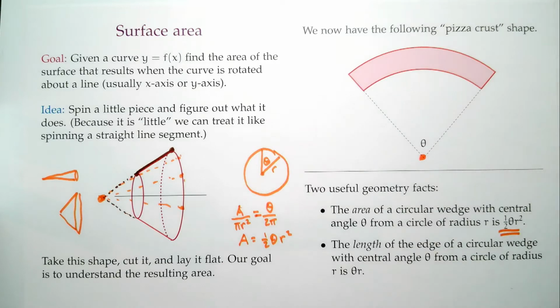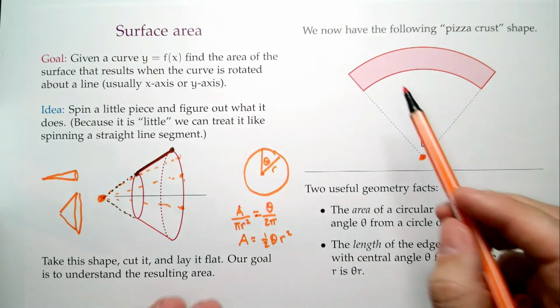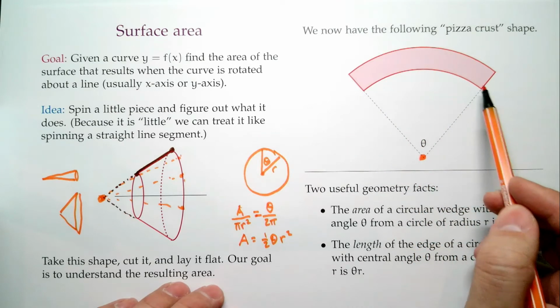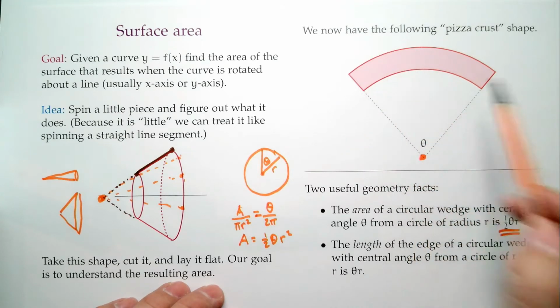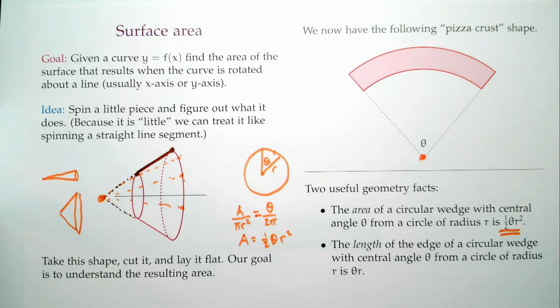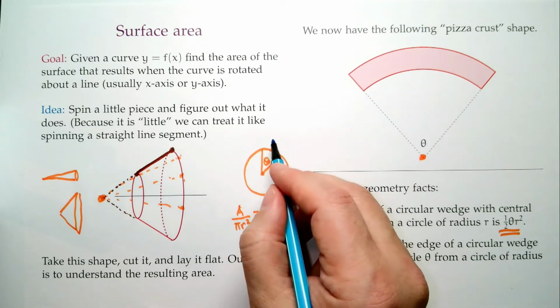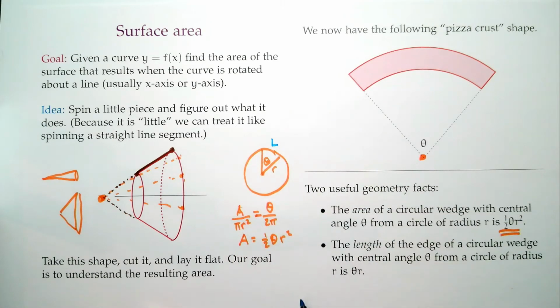Now the other thing we need to know is this length. So suppose I want to understand what this length here is. Well, how do we do that? The answer is we do the same thing. So let's just call this L. And now we'll say, well, L, that length that we're after, over the entire circumference.